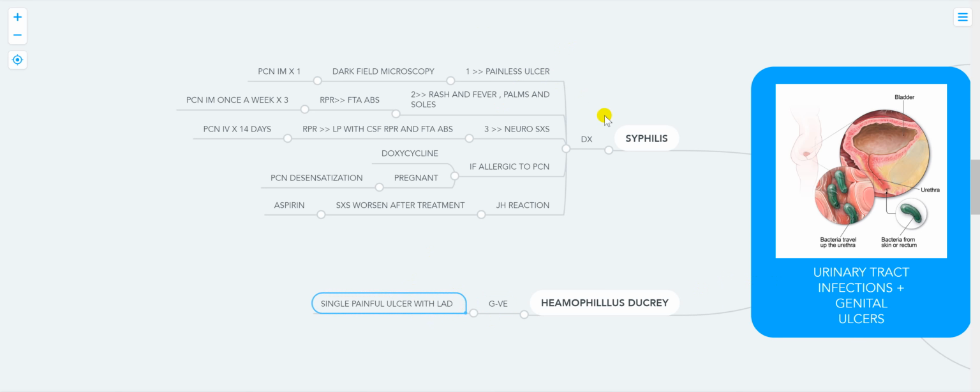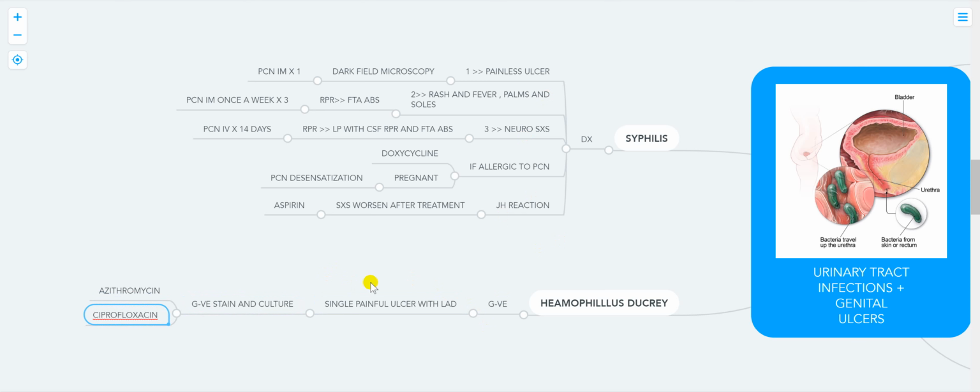The only difference between syphilis and Haemophilus is painless versus painful. How do you diagnose it? You do gram negative stain and culture, and you give azithromycin, or you can give ciprofloxacin.